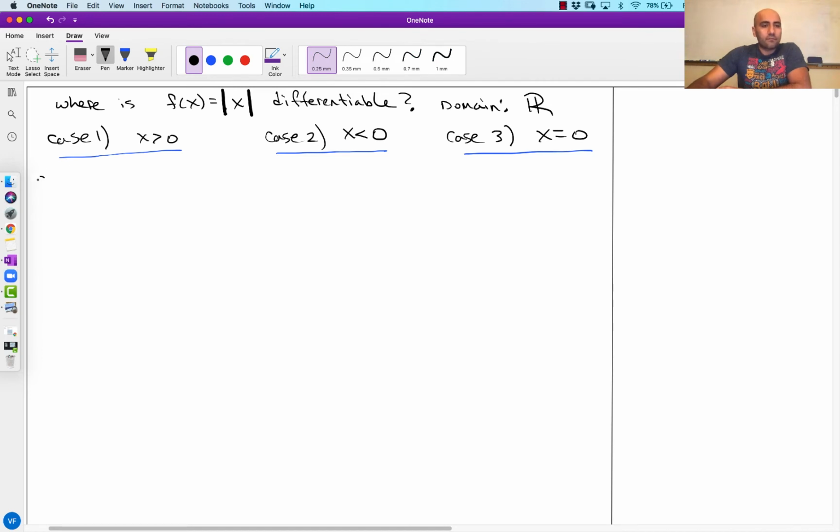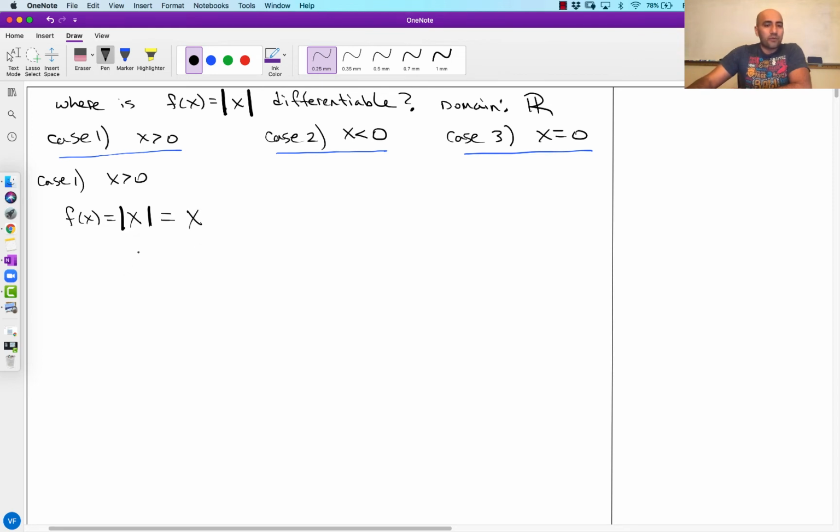Case 1, x is strictly greater than 0. If it's strictly greater than 0, we're saying it's positive. So f of x equal to the absolute value of x is just going to be equal to x.